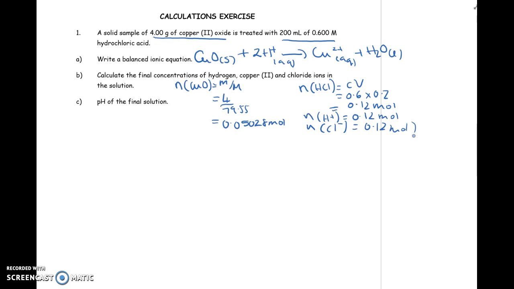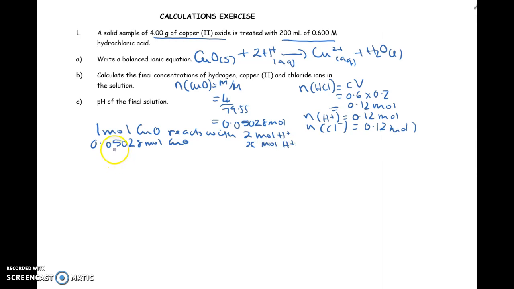Now the next part is I like to use the pick and choose method in order to find out the limiting reagent. So I'm going to try that. I'm going to go 1 mole of copper oxide reacts with 2 moles of hydrogen ions. So if I use 0.05028 moles of copper oxide, it will react with X moles of hydrogen ions.